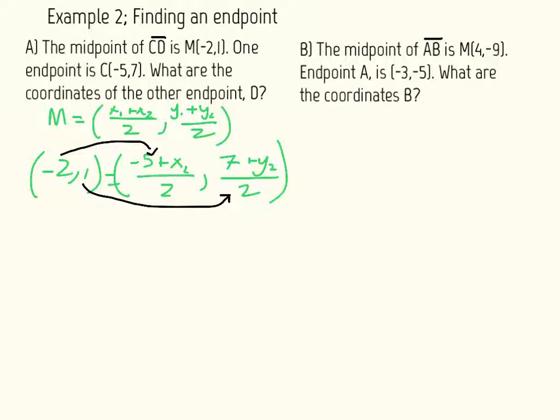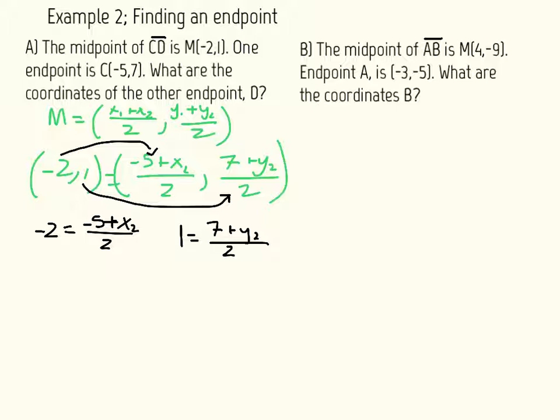So that looks like -2 equals -5 plus x sub 2 divided by 2. And then I'm going to solve that. The other one is going to be 1 equals 7 plus y sub 2 over 2. Now I'm just going to solve.